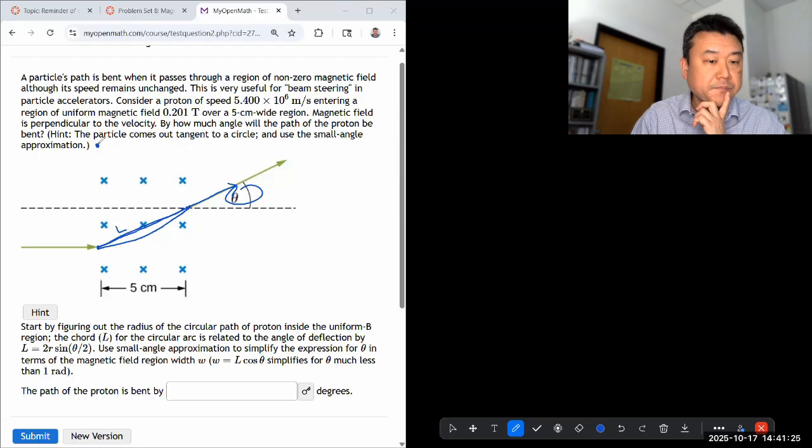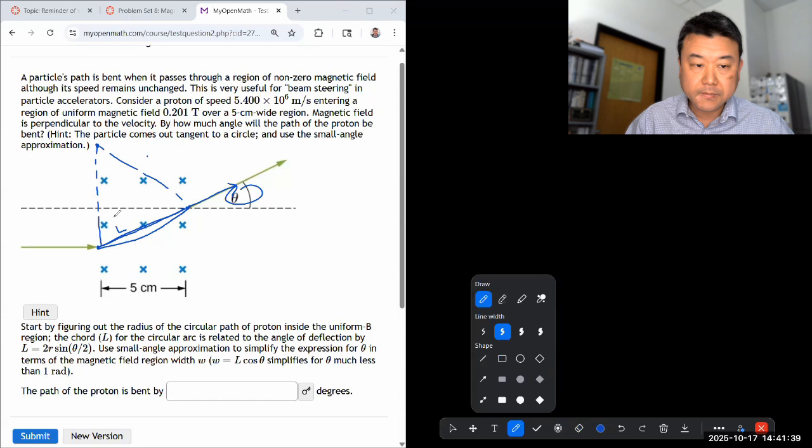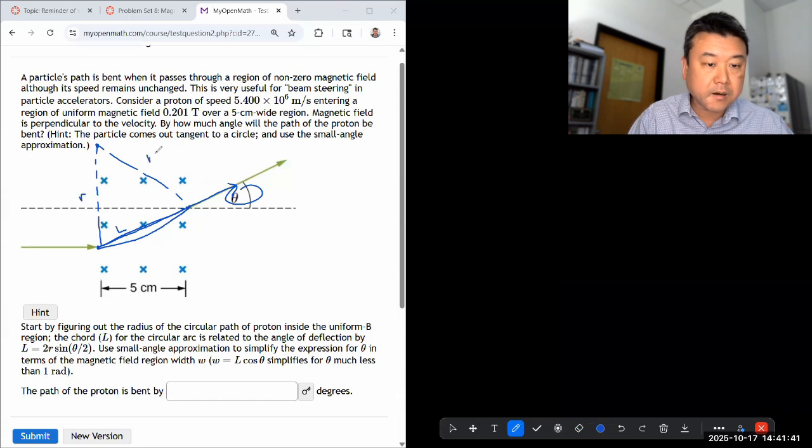Imagine this arc is part of a circle. This is my radius, lowercase r is what the hint is using, so let me use that. This is the geometry I'm supposed to imagine. This is an isosceles triangle because of the two r's being the same.